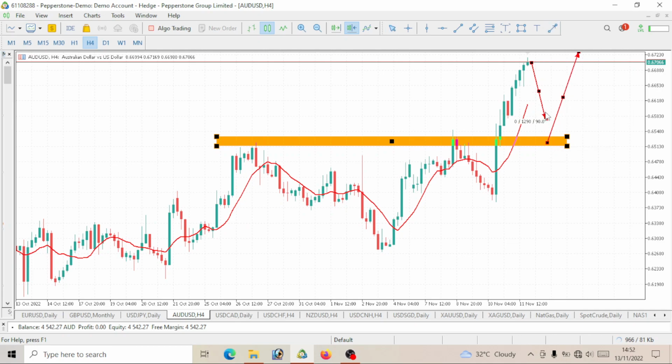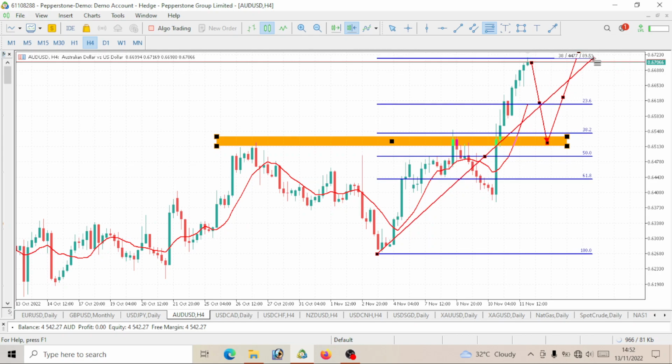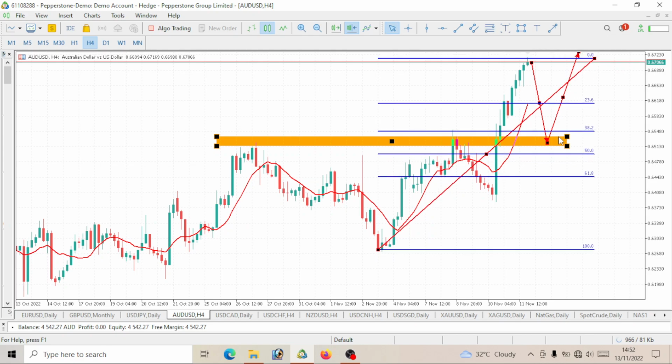Notice it is not a must, I'm just suggesting. I'm not saying the pullback will come to this level before you enter. I know that a pullback will occur, but I just don't know where it will happen. So let's see if the pullback starts here. This will be a level of 38, and this will be a level of 50.